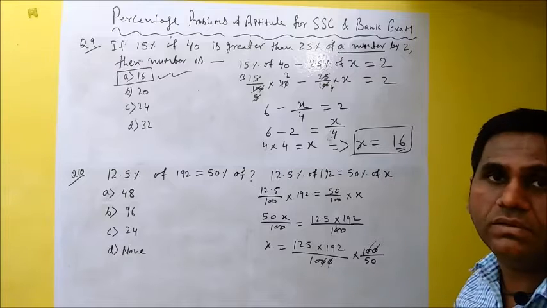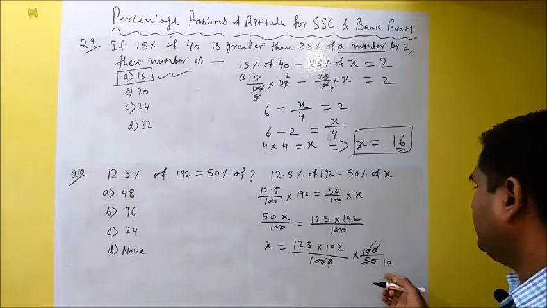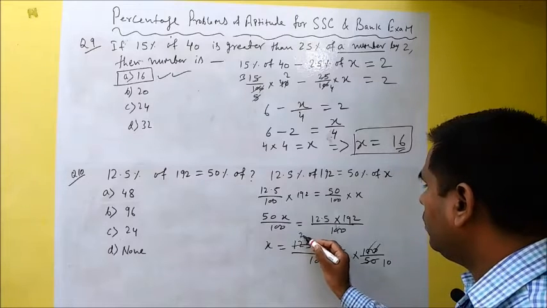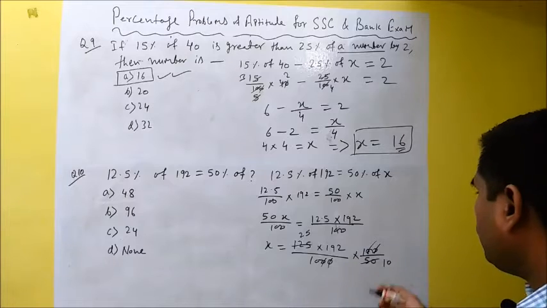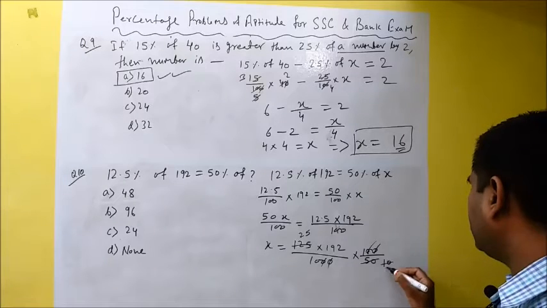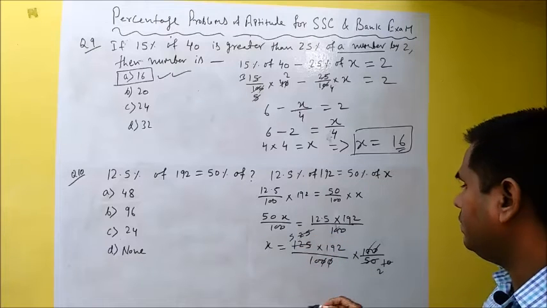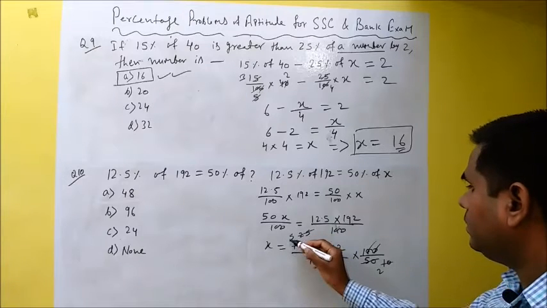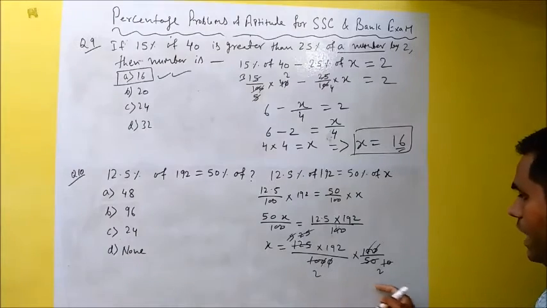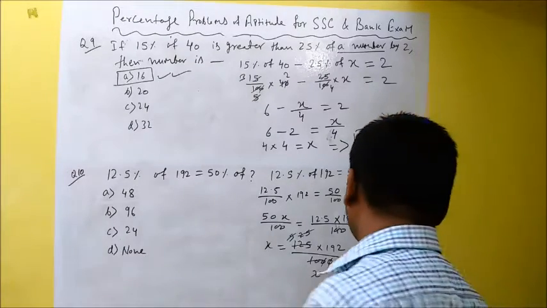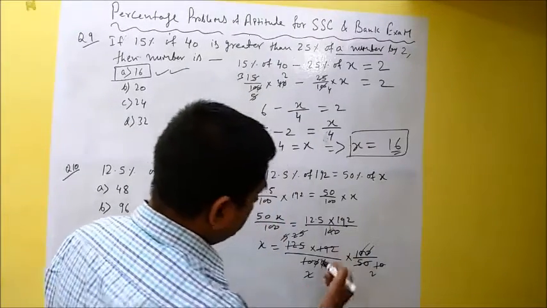So with 5, if I have to cancel, 5 tens are 50 and 25 fives are 125. Now once again with 5 we can cancel, 5 twos are 10 and then 5. Now we have only two left here, so this 2 will be cancelling.